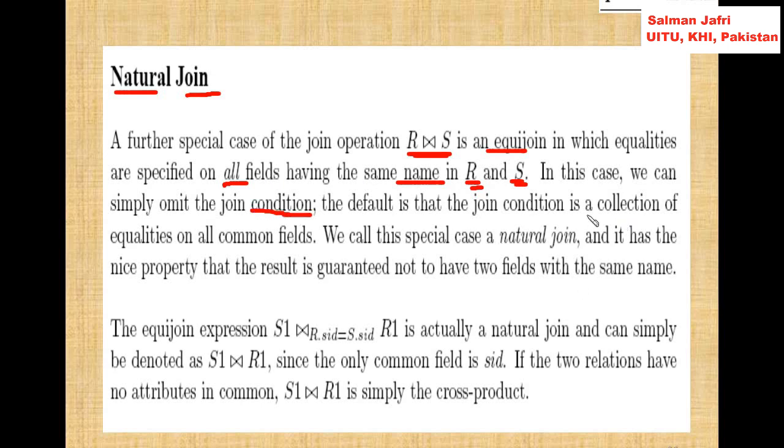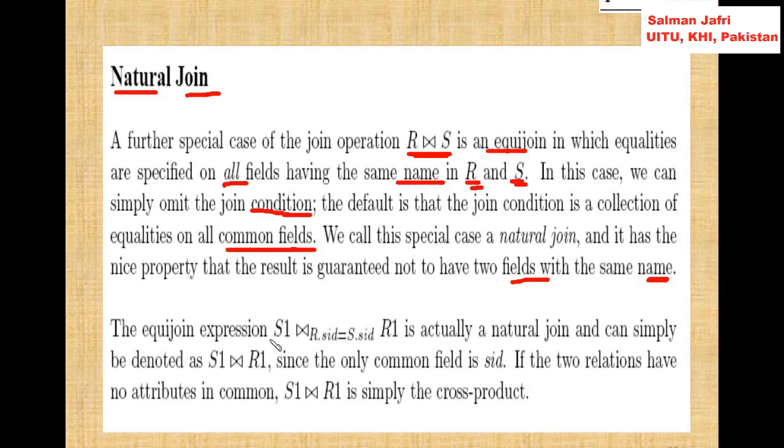The default is that the join condition is a collection of equalities on all common fields. This natural join has the nice property that the result is guaranteed not to have two fields with the same name. Like in the equijoin, remember, we refined it by using only one instance of the common field. The same argument applies to the natural join.